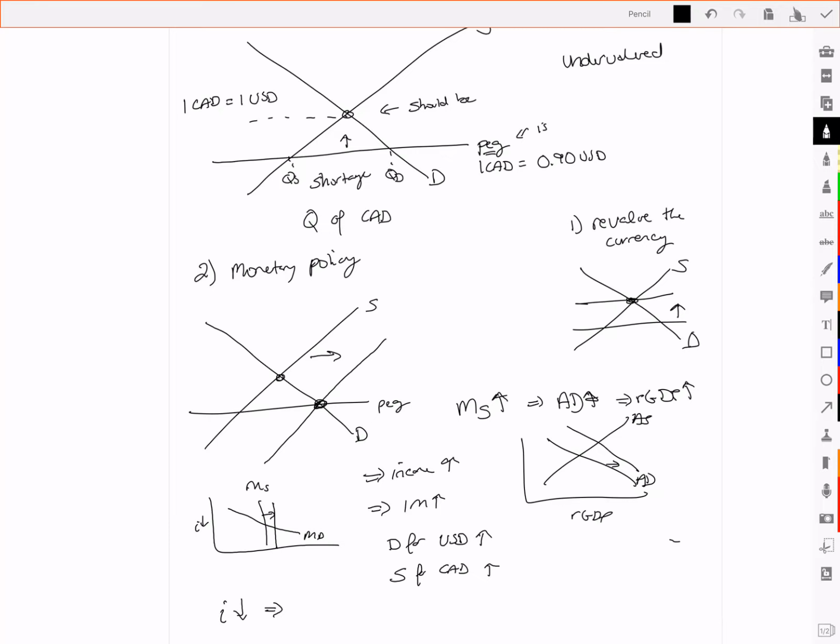Well, when interest rates go down, investment spending goes up. That makes aggregate demand go up, which makes real GDP go up, which means more income, which means more imports, which means, of course, we're going to buy more foreign goods, so demand for US dollars goes up, and the supply of Canadian dollars increases.